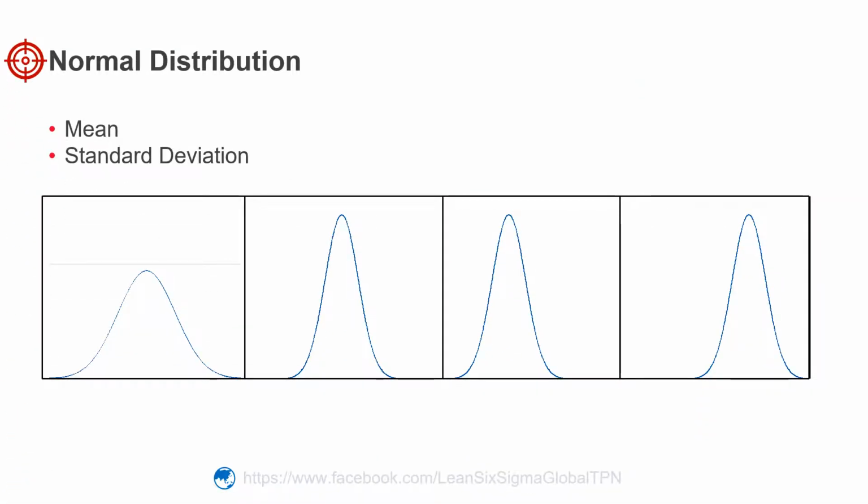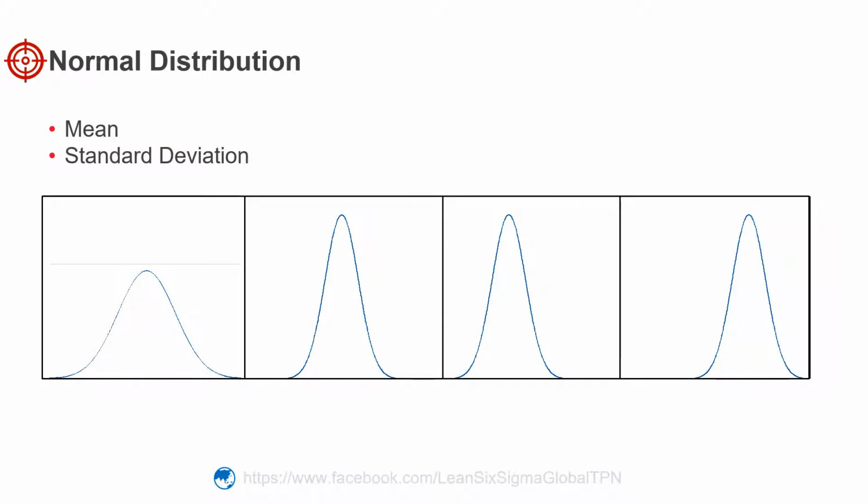As you can imagine, there are many different variations of the normal curve, wide ones and narrow ones, and they can be centered at any point on our scales, but we can precisely define each normal distribution by two parameters, its mean and its standard deviation.